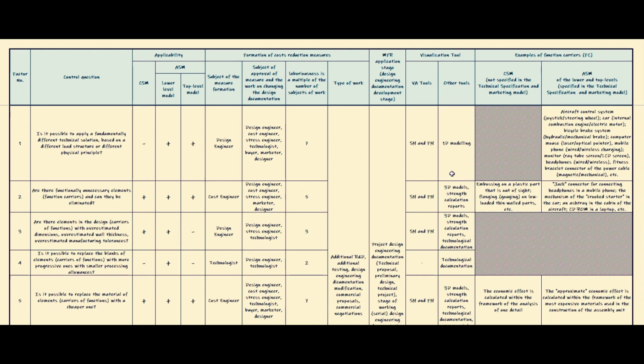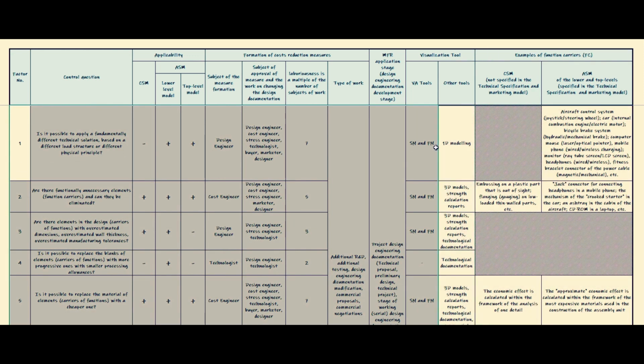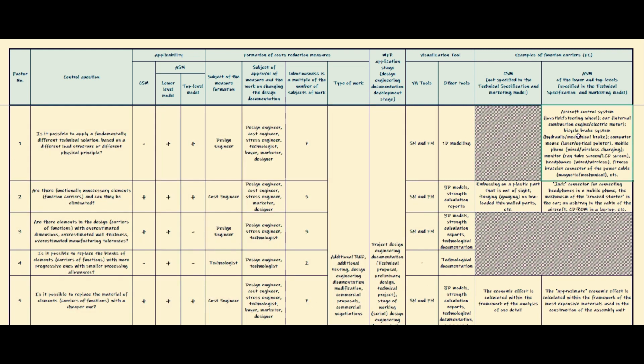In the column block of examples of function carriers, examples of real objects corresponding to the degree of abstraction of control questions are given. For example, for control question number 1, examples may be an aircraft control system in which the control element is implemented using various physical principles, either in the form of a joystick and transmission of an impact in the form of an electromagnetic signal, or in the form of a steering wheel and mechanical transmission of impact.